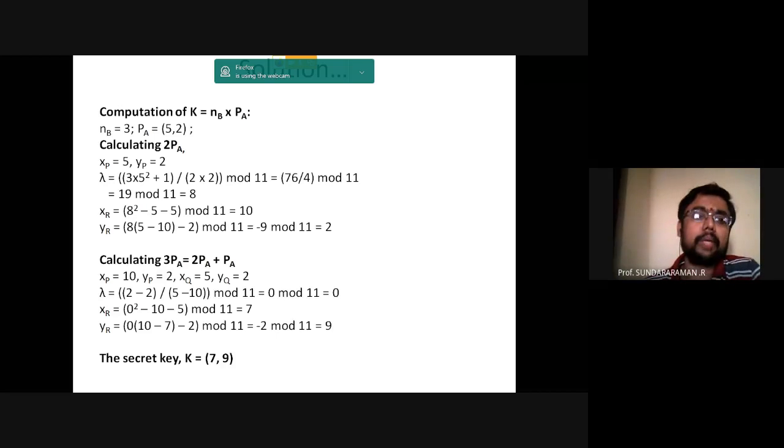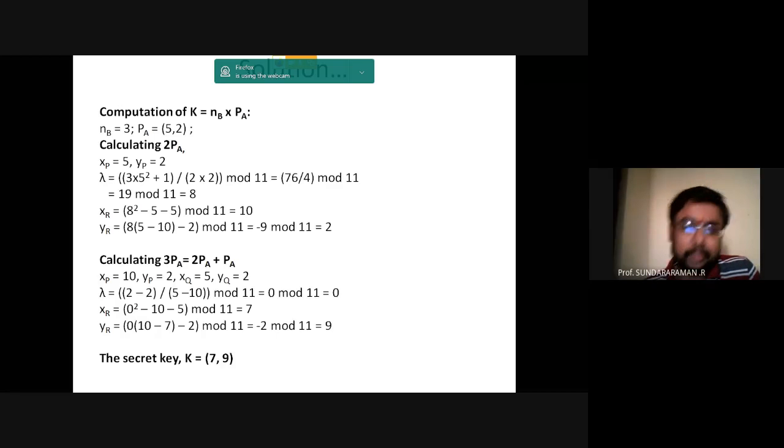Similarly, YR can be computed by applying the formula lambda into XP minus XR minus YP mod P. That gives you a value minus 9 mod 11, that is equal to 2. So the intermediate value, that is 2PA, is equal to 10, 2. That means if you apply point doubling to the point 5, 2, it gives you the value 10, 2.